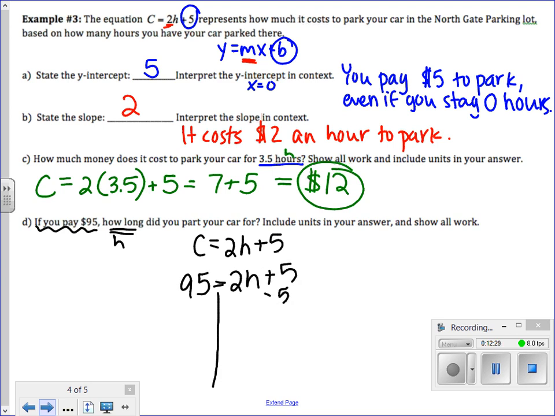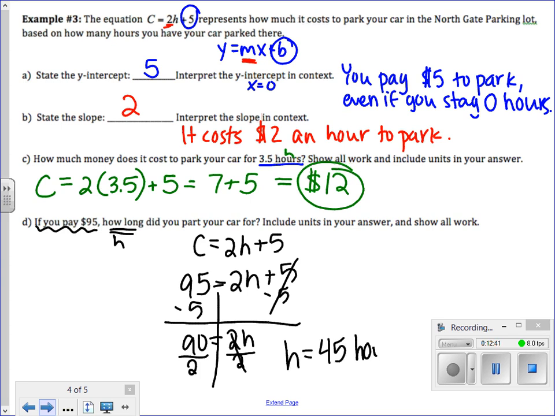I'm going to solve this equation like we're really good at by now and get 90 equals 2h. Divide by 2, and I end up with h equals 45 hours. So if I paid $95 to park, that means my car was there for almost 2 days, for 45 hours.